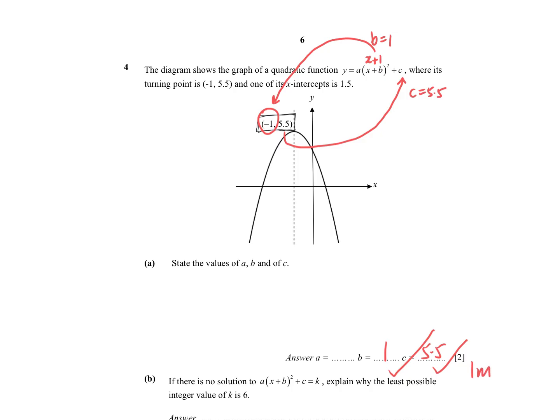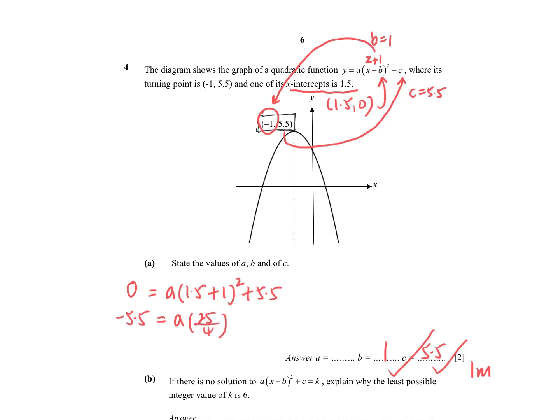So what you can do is, they say one of the x-intercepts is 1.5. So you sub this into the equation. A you don't know. You know x is 1.5. B you already know. C is 5.5. And then this is 0. So go and solve for this. 25/4, is it? 2.5 is 5/2, yeah.